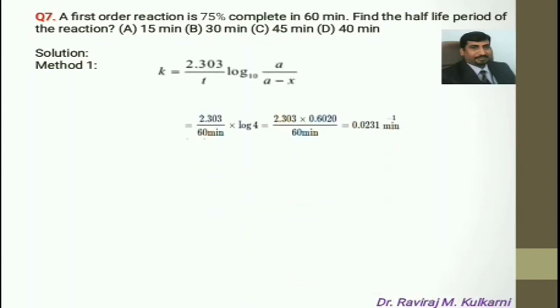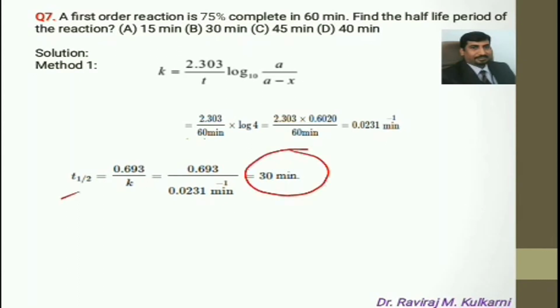Method 1: rate constant is equal to 2.303 over T into log of A by A minus X to the base 10. Can you imagine, this takes really a long time. Substituting this in t half, you get 30 minutes. It takes more than 2 minutes.